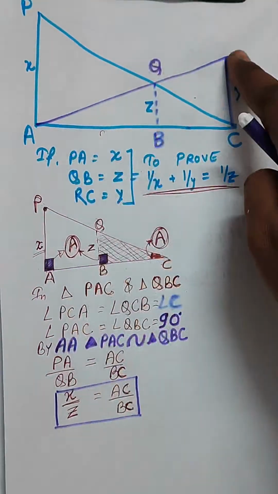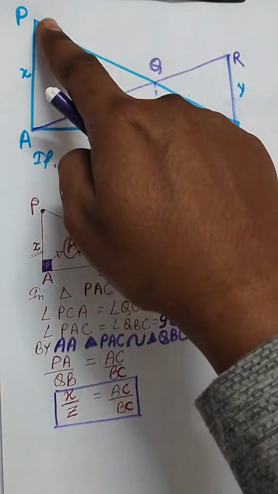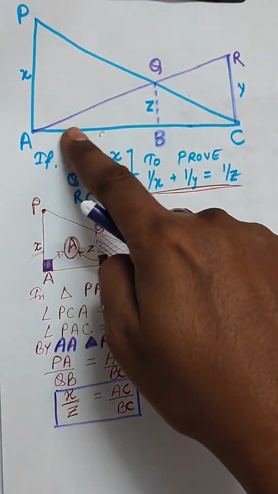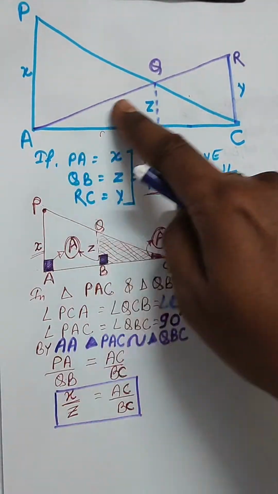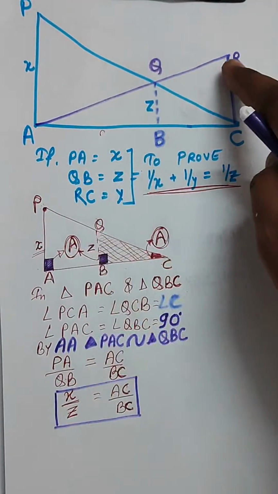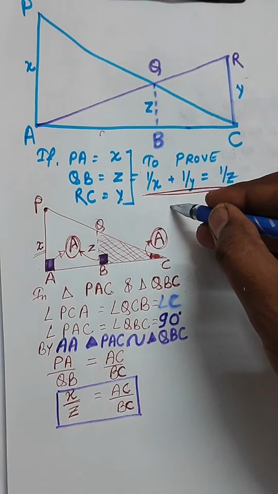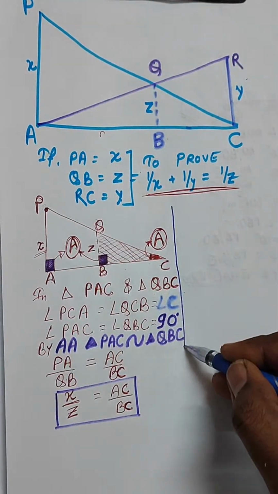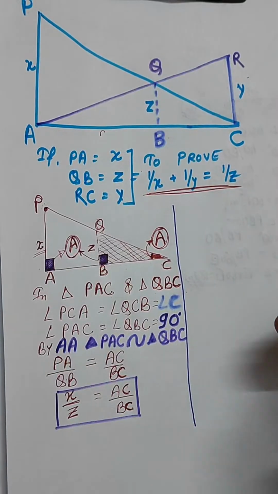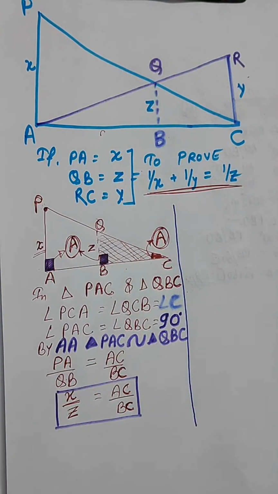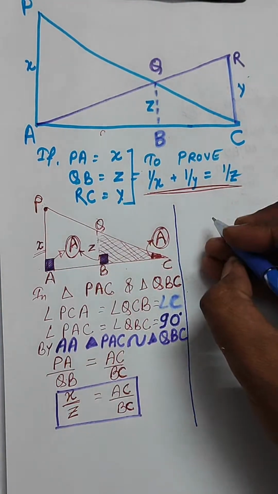This triangle ACR, as we did for the sky blue triangles, let us do for this triangle ACR. So the figure will be like this.